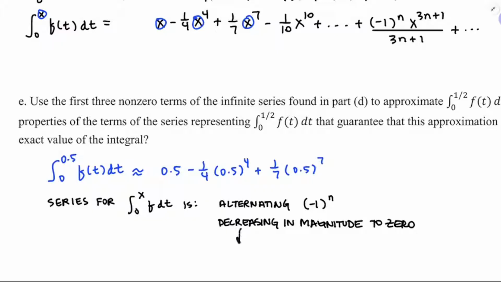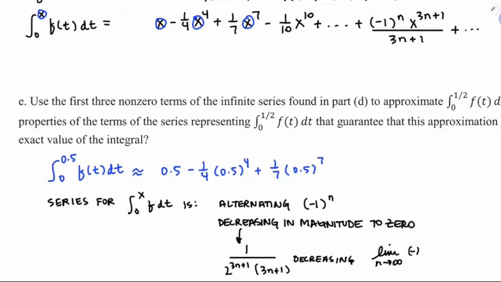How I know they're decreasing: if I take the absolute value and get rid of the negative, 1 over 2 to the 3n plus 1 times 3n plus 1 is definitely decreasing. You don't need to show this, but I'm showing you my logic. And the limit of that is 0.